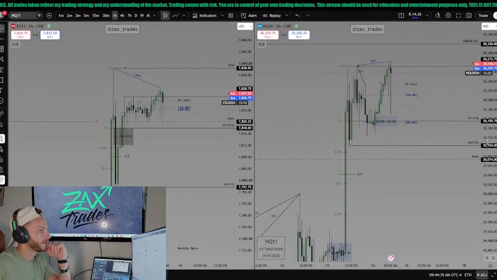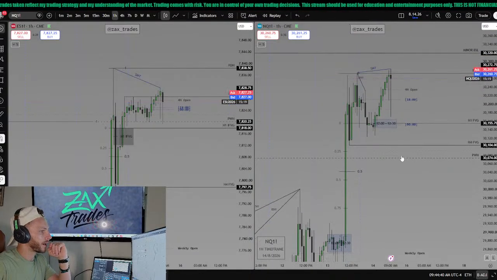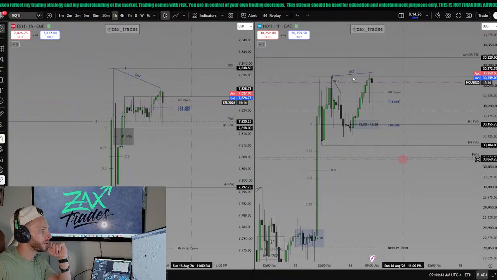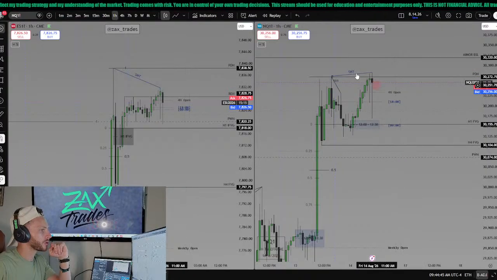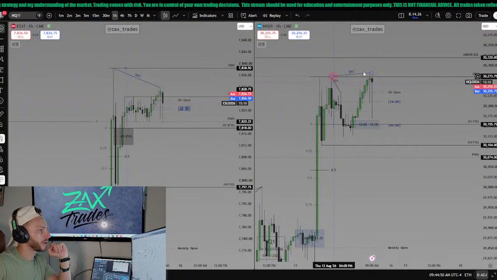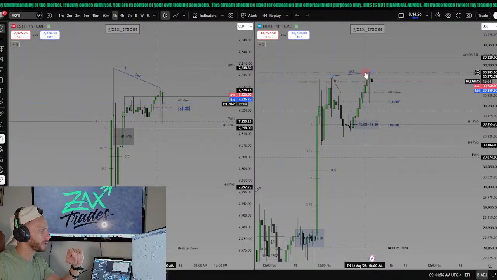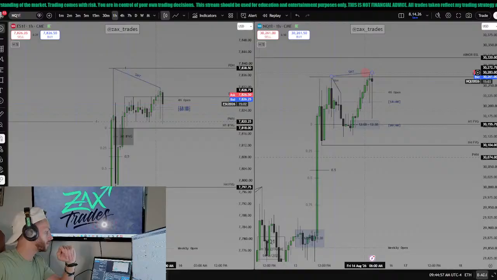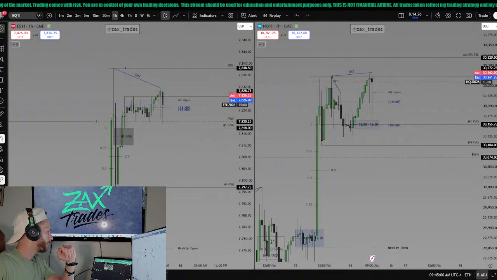Looking like it's gonna want to go and run that high. Now remember, guys, this is something that a lot of people struggle to understand: this SMT, yes, it is present right now at this moment. That does not mean that that SMT is going to hold.